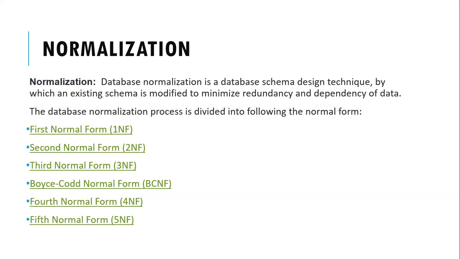We implement these forms, and at the end you will see only the few columns which are required for the database. First normal form will remove the duplicacy, and finally we minimize the redundancy and dependency of the data.